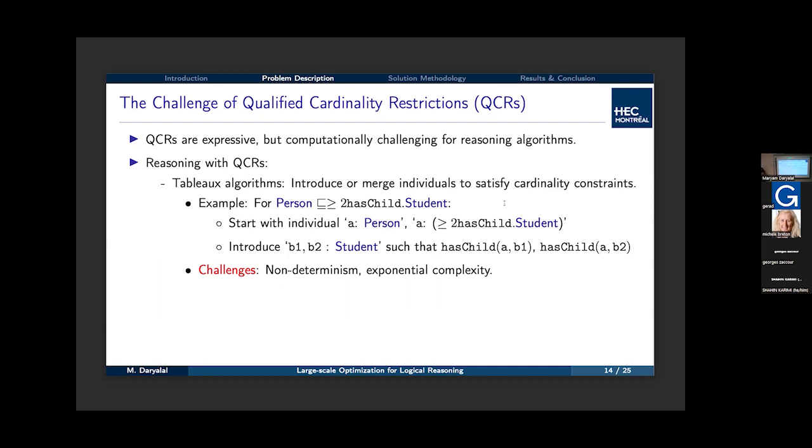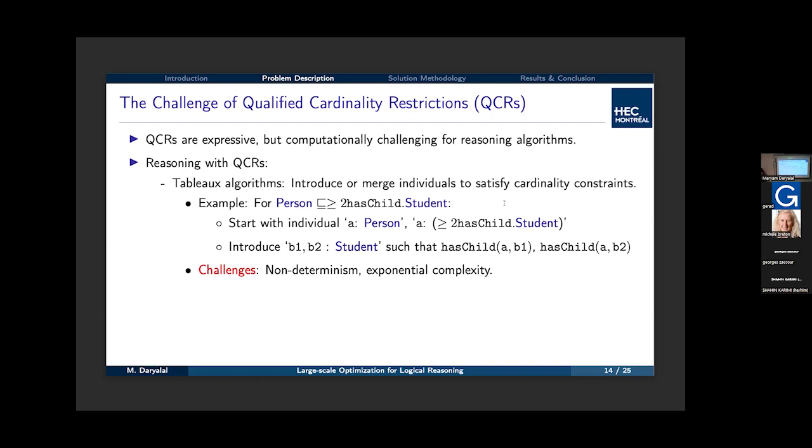So in Tableau algorithms, they try to reason about these axioms one by one. And when it comes to QCRs, qualified cardinality restrictions, first they try to satisfy all of the at least restrictions, and then they get to the at most restrictions, where they try to merge a lot of those individuals that they found.